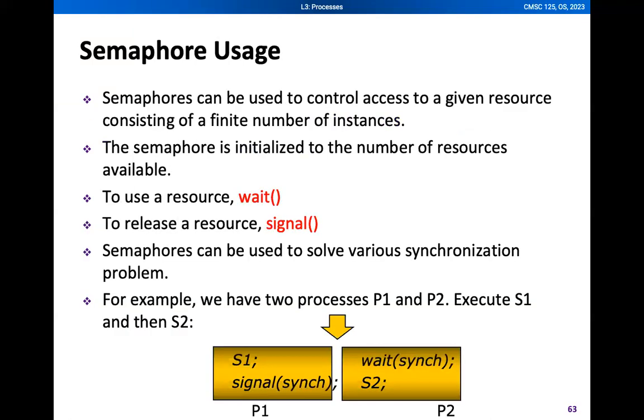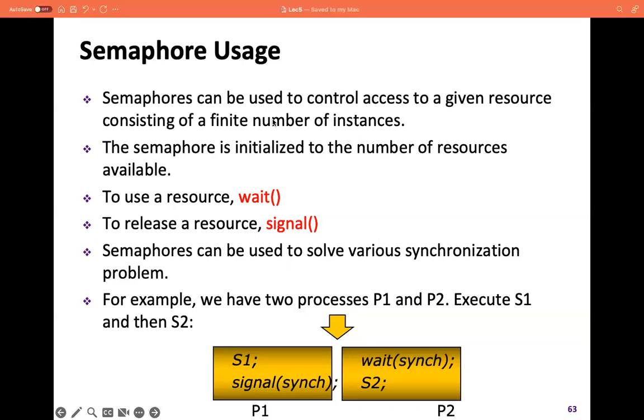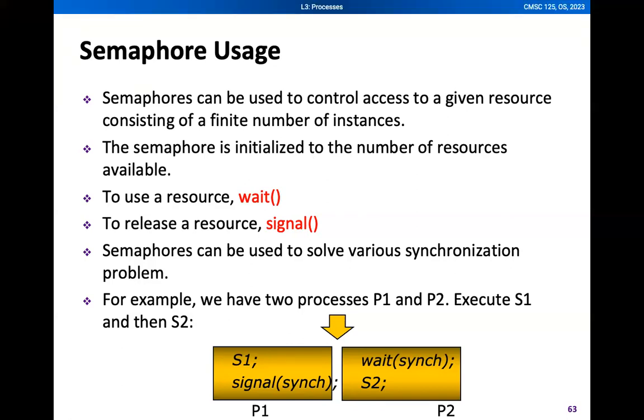All right. So semaphores can be used to control access to a given resource consisting of a finite number of instances, and the semaphore is initialized to the number of resources available. So let's say we have two CPU cores available.